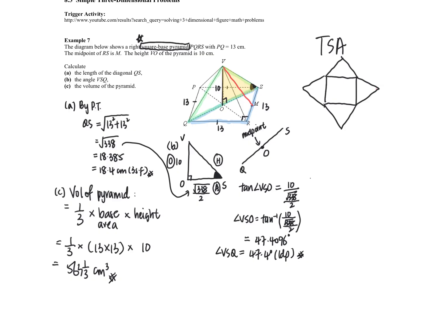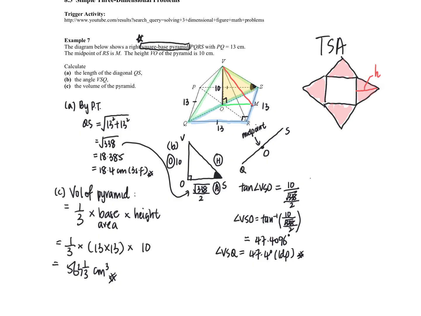Once you have the slant height, you can find the area of the 4 triangles, and with the square, you can find the total surface area. This is your lower sec work: volume and total surface area.